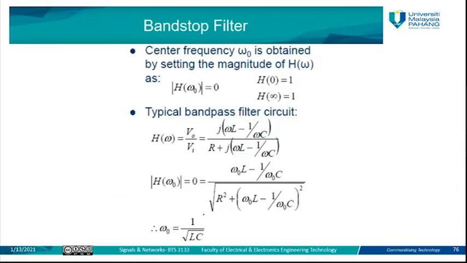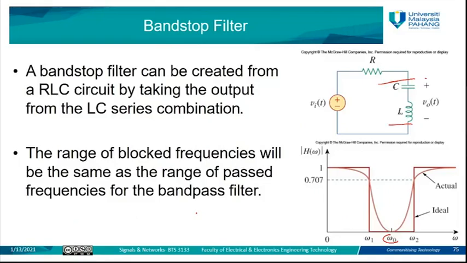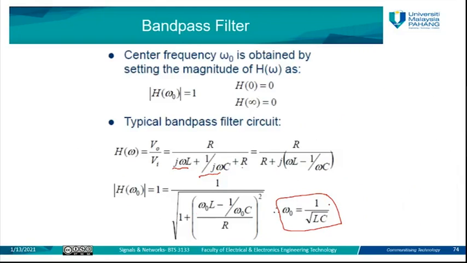We call this the resonant frequency, if you remember it from the resonant circuit. So the band pass filter and band stop filter have the same resonant frequency, or center frequency, which is omega naught equal to 1 over square root of LC.